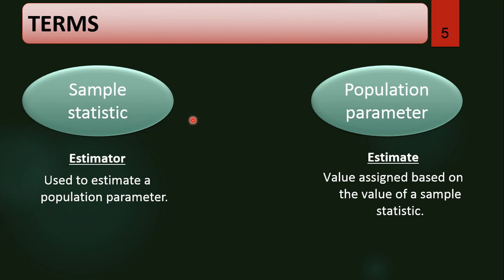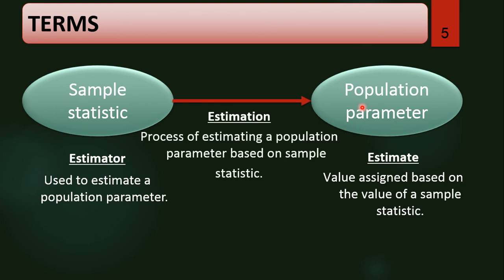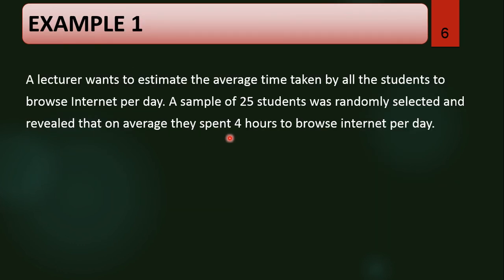The process of relating the sample statistic to the population parameter, we call the estimation process, which is the process of estimating a population parameter based on a sample statistic. For example, one lecturer wants to estimate the average time taken by all students to browse the internet per day, meaning the lecturer wants to estimate mu.